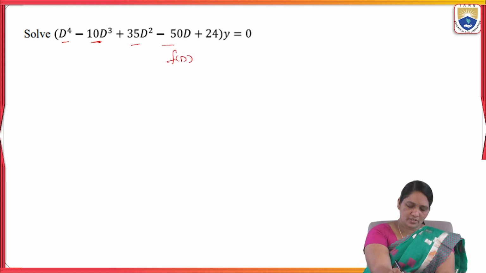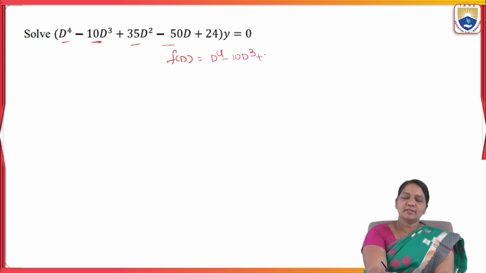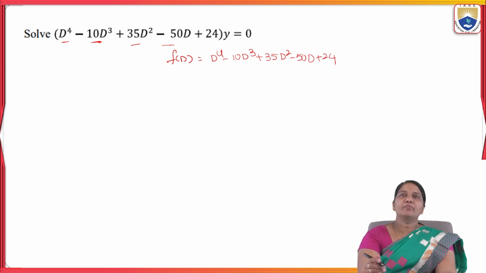What is the f of t? F of t equal to d power 4 minus 10 into d cube plus 35 d square minus 50 into d plus 24.